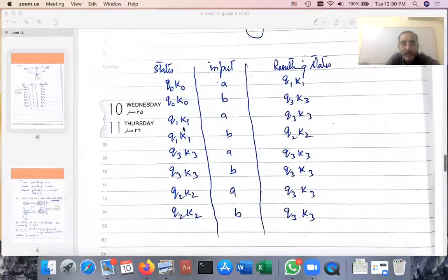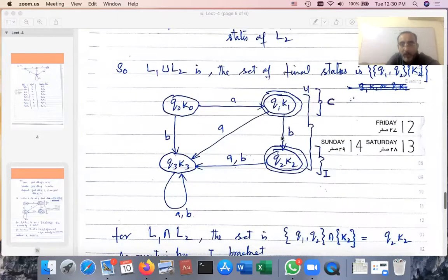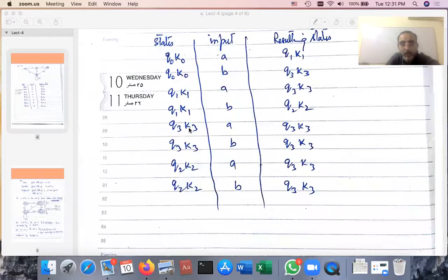And then Q1, K1, if I have a B, I will reach Q2, K2. Okay, you have to draw this. And Q3, K3 with A goes to Q3, K3, and Q3, K3 with B again the same state.